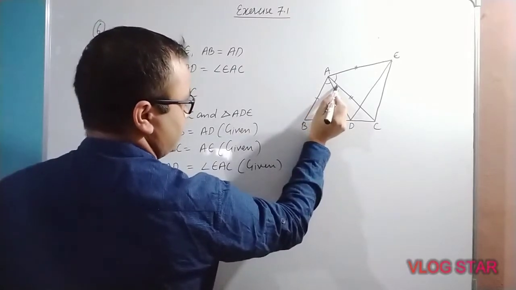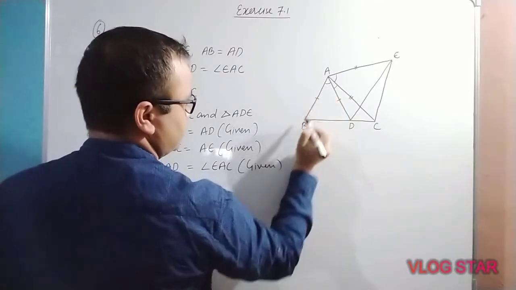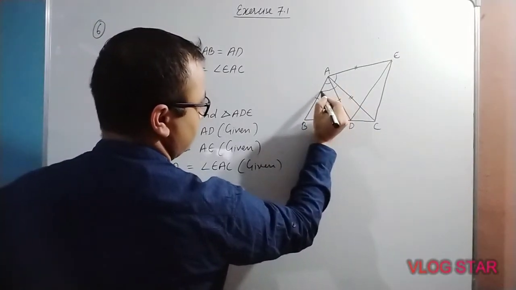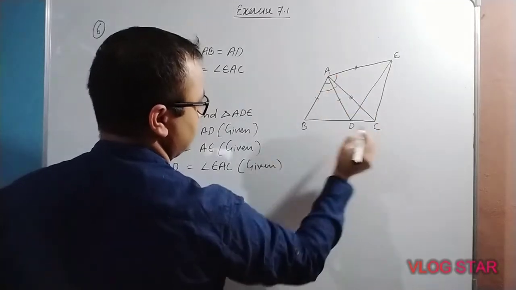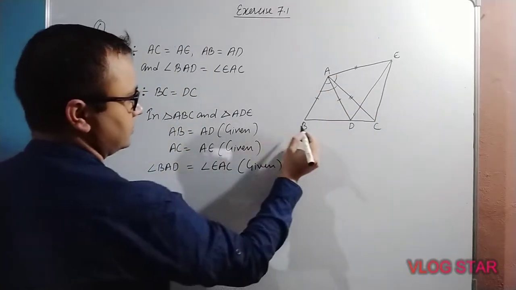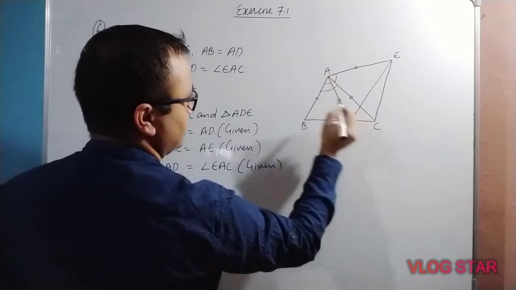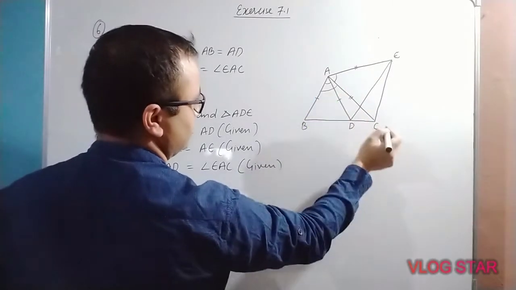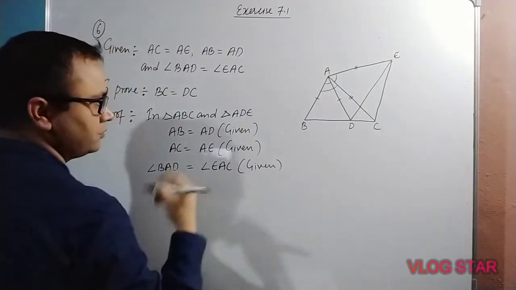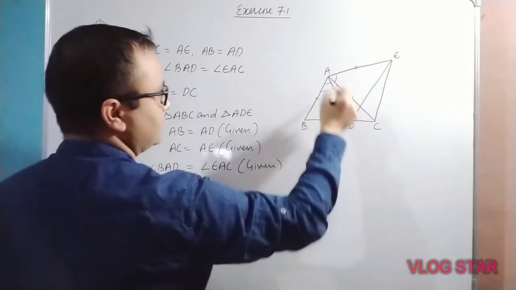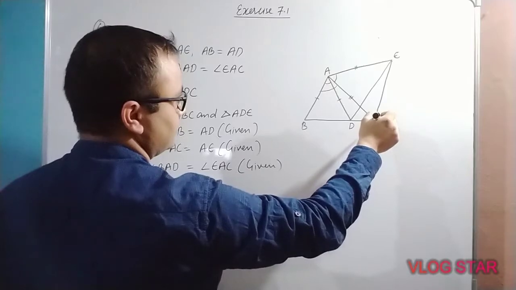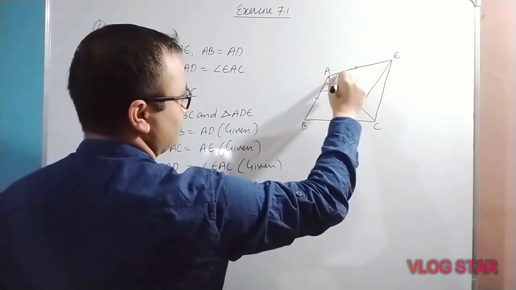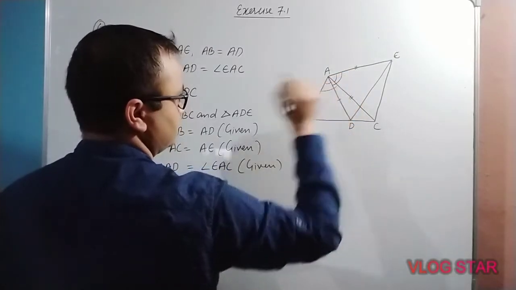If you add DAC to BAD, you get BAC. If you add DAC to EAC, you get this angle.